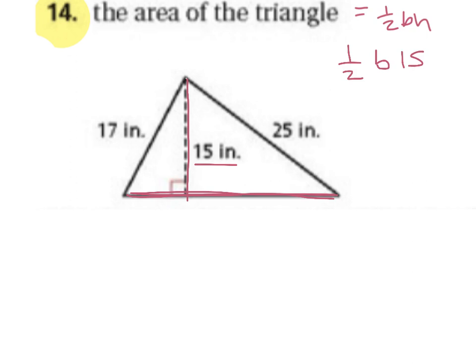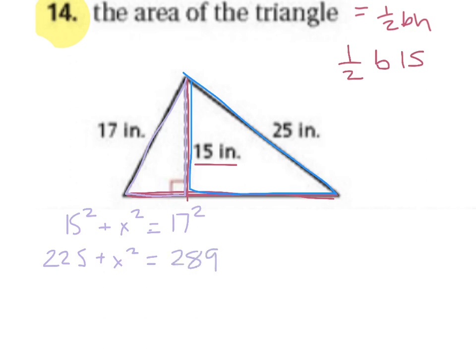Now it gives us 2 right triangles. So we have this purple one and a blue one. And in order to find the third missing side of these 2 triangles, we can just do the Pythagorean theorem. So we have 15 squared plus x squared is equal to 17 squared. 15 squared is 225 plus x squared is equal to 289.